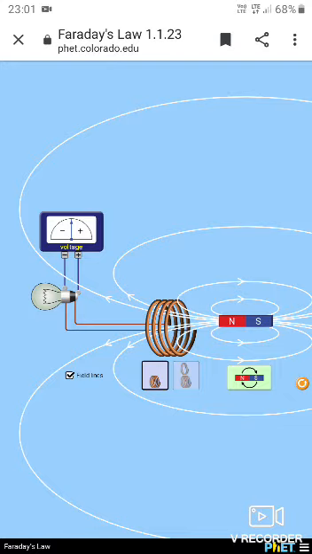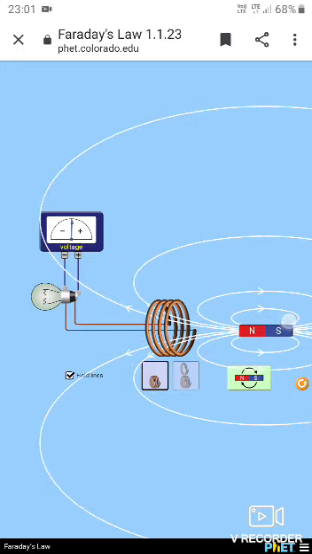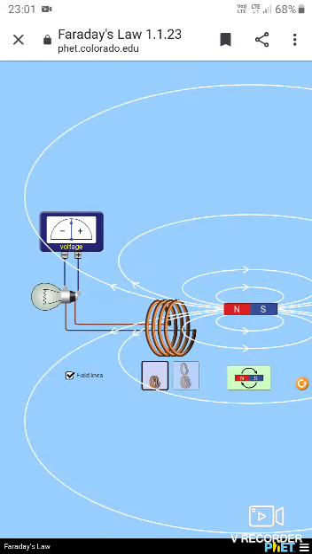That means you have to understand the poles. Near the poles, the magnetic field strength is more. We call this area near the pole the magnetic flux. Magnetic flux is nothing but the area in which the magnetic field strength is more.